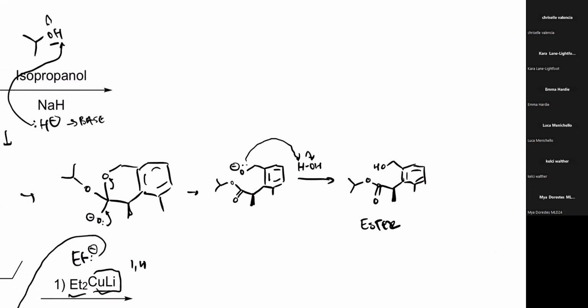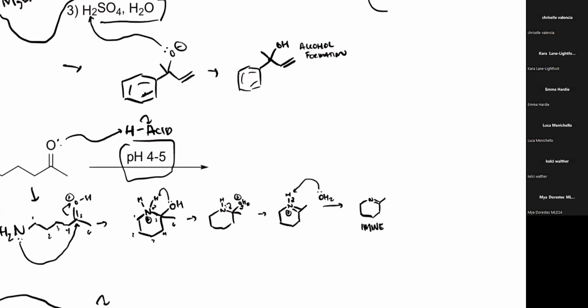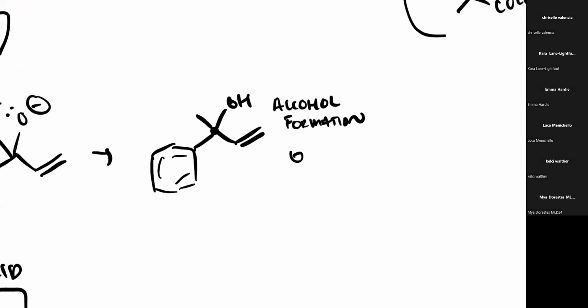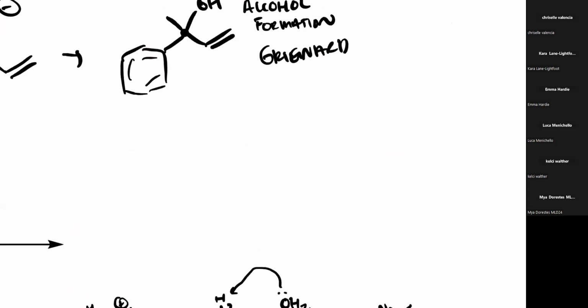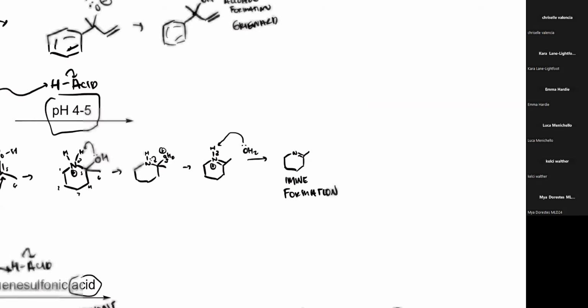So I think the better question isn't necessarily about the name. I don't really care that you know this is an alcohol formation, but you should be able to tell me it's a Grignard. This one, there's no great name for it other than imine formation. That's just the name we have, there's no other name for it.